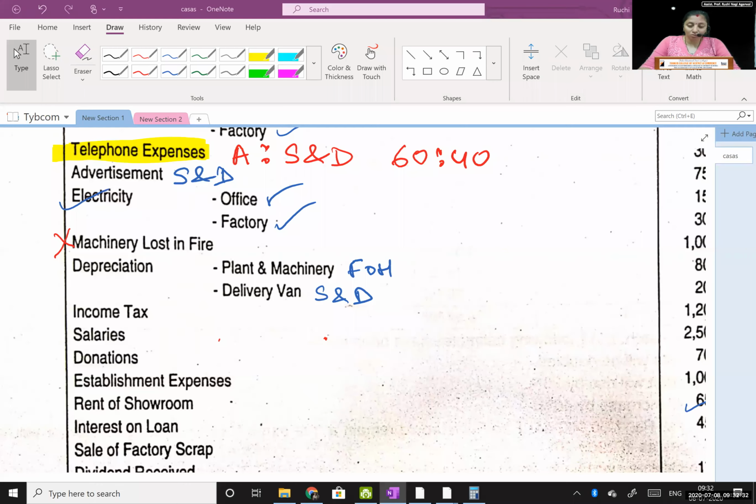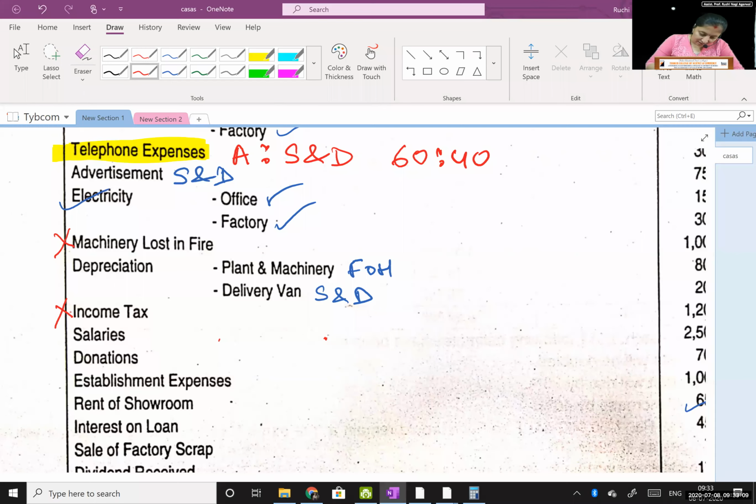Where will income tax go? I give this answer because income tax was not discussed earlier. Income tax is also a financial expense. It's an amount you pay on your net income. Yeah, Radhya, very good. It's a no entry item, a part of financial expense. It comes under the category of non-cost in the cost sheet.